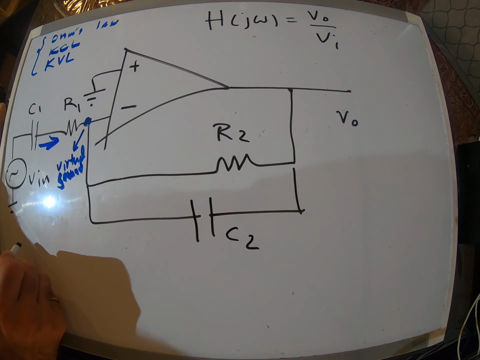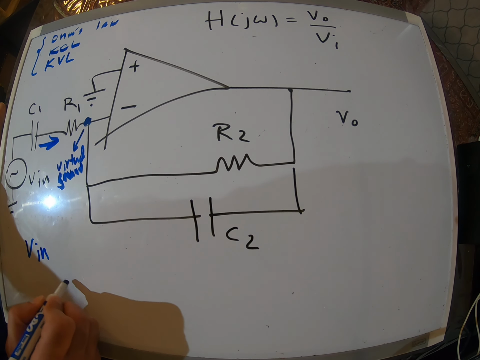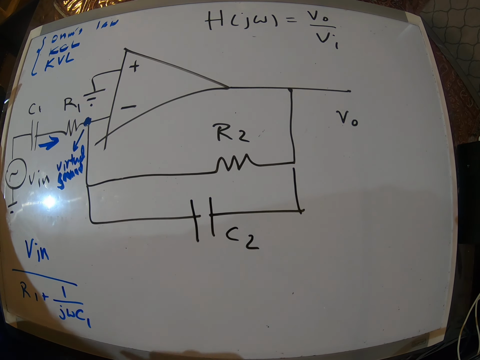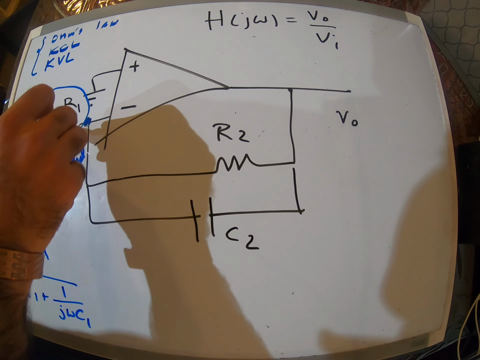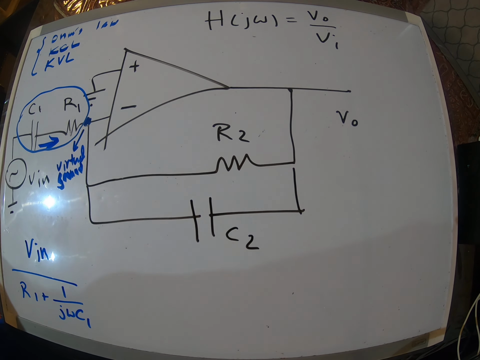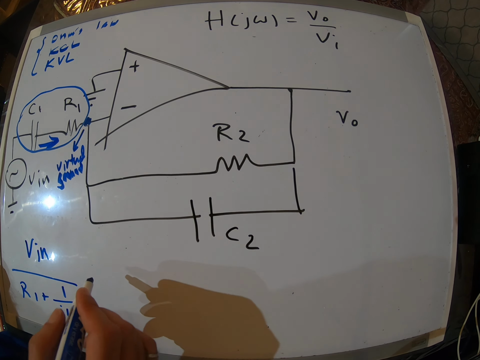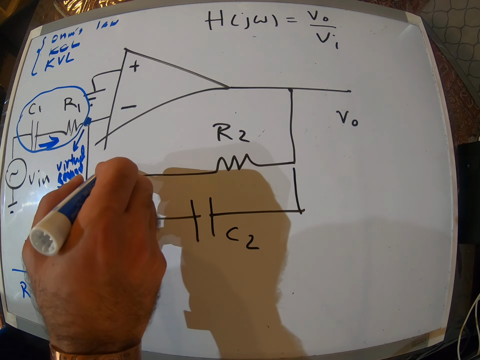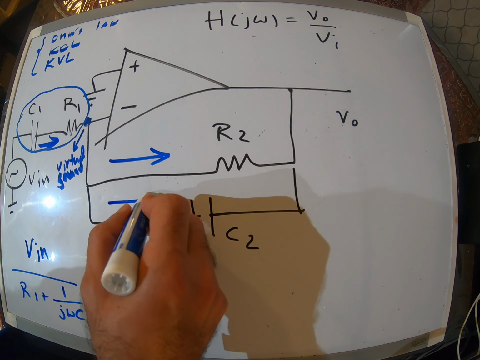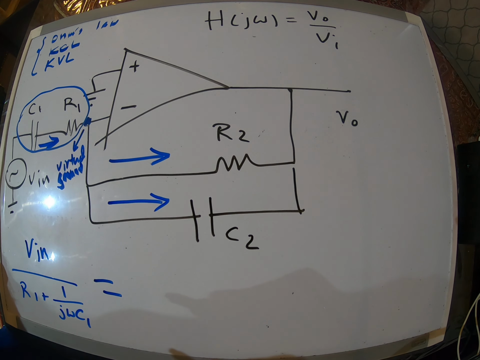If that's the case, then it's very easy to find this current. That current is going to be V in over R1 plus 1 over j omega C1, which is the impedance of this series resistor with this capacitor. And this current is going to be the current that goes through R2 plus the current that goes through C2.